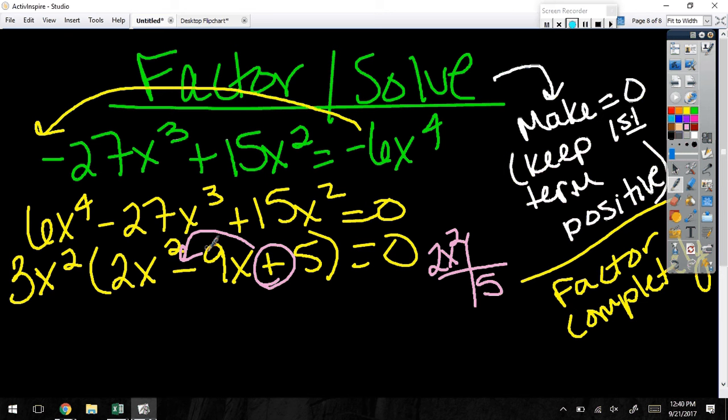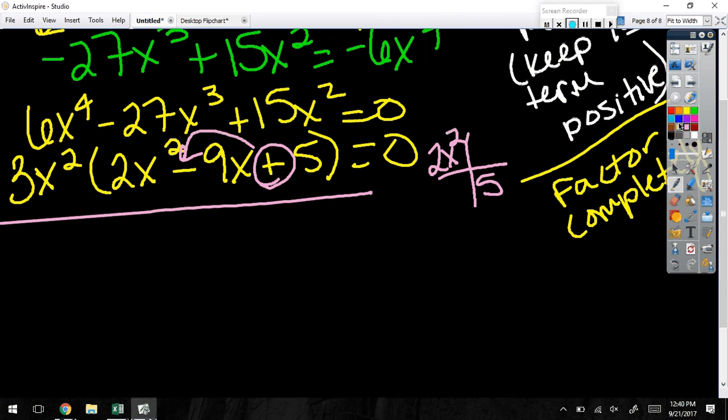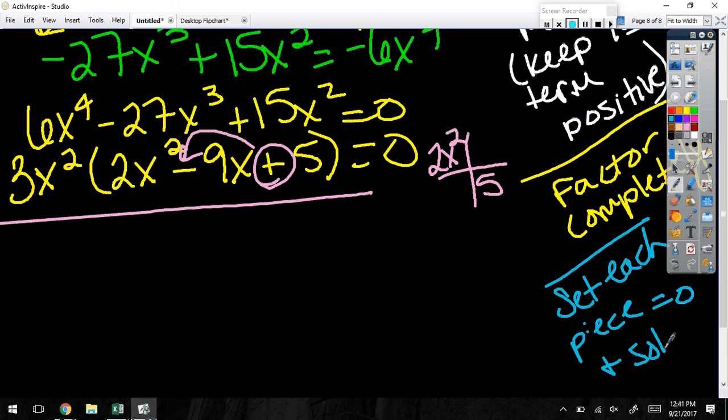If this second sign was a minus, I could factor it. But it's not. So did we all agree that this is factored completely as I can factor it? Okay? Then my next step, once it's factored completely, is to set each piece equal to 0 and solve.